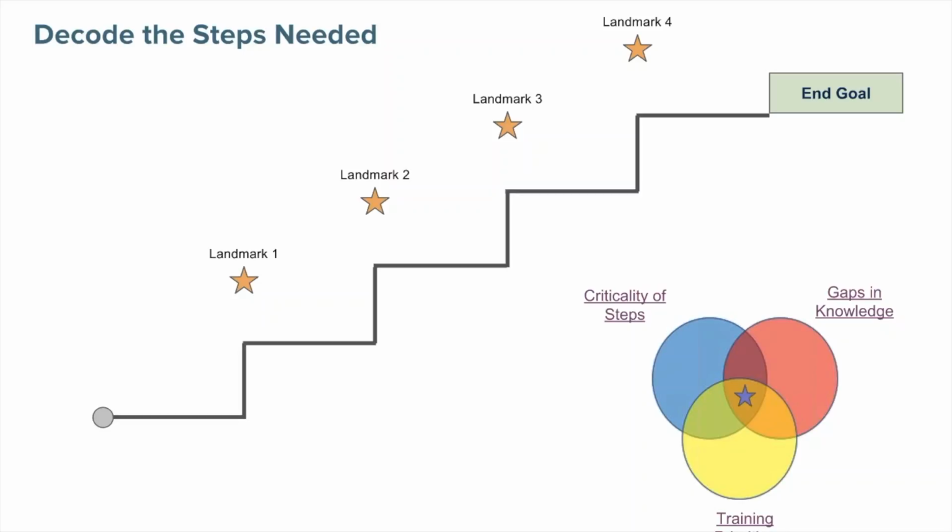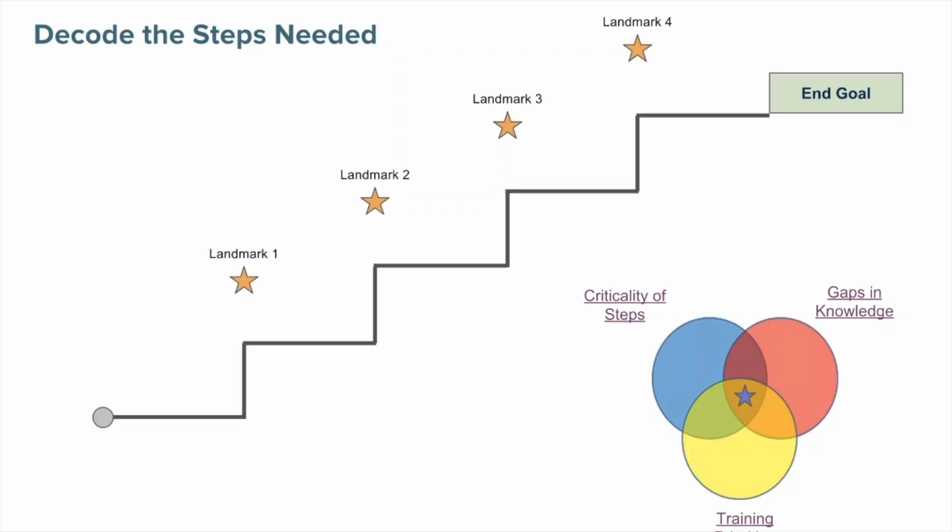So the landmark is something that you want people to master, and it's important for them to gain some mastery, some level of understanding or mastery of it before they can advance and take on the next aspect of what you're trying to teach them. This is that scaffolding that I sort of referred to, going from the beginning point of where people are to the end point of the course.